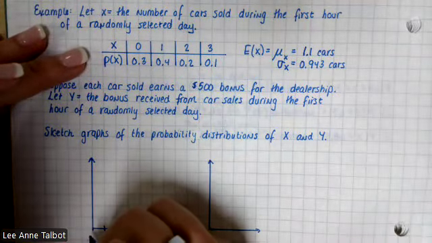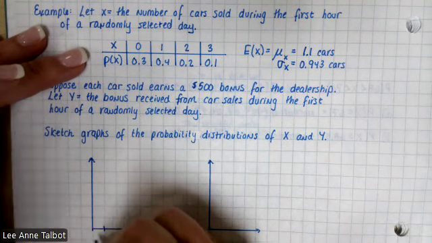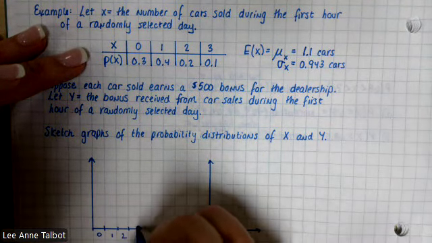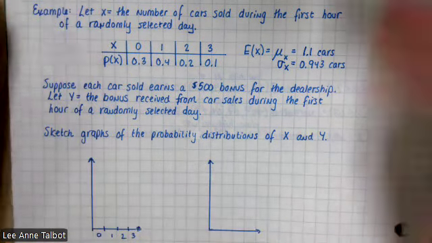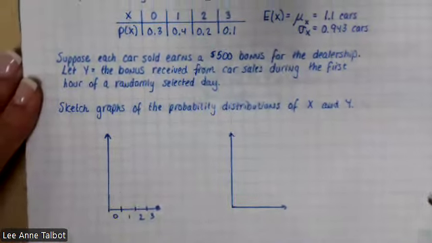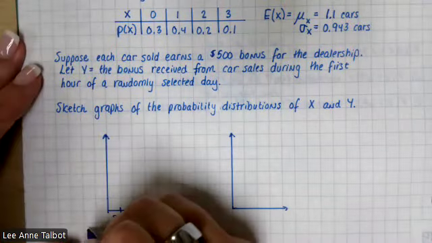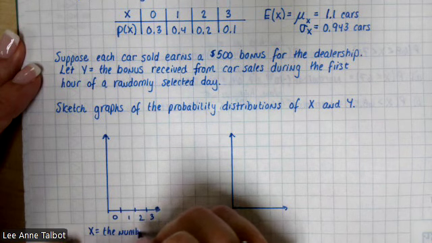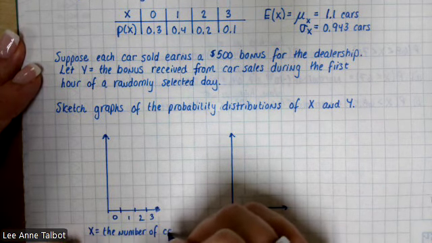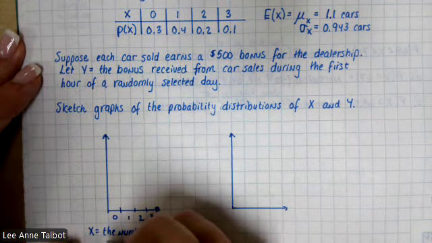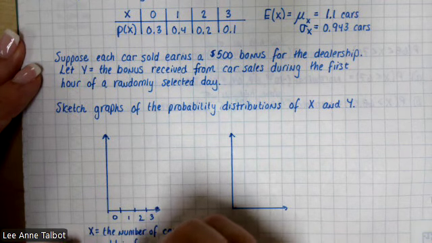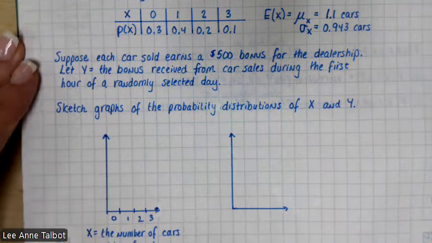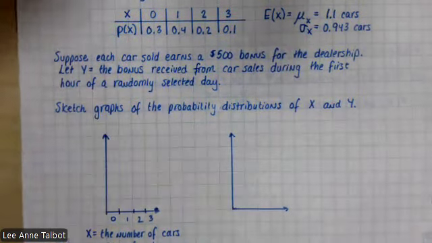And our options are 0, 1, 2, and 3. X equals the number of cars sold in the first hour.